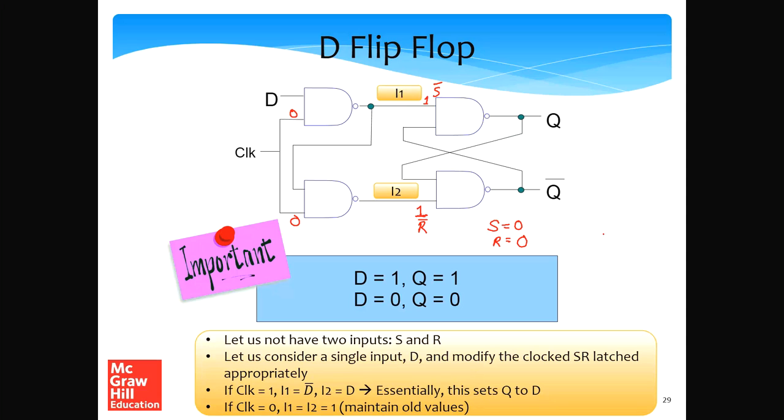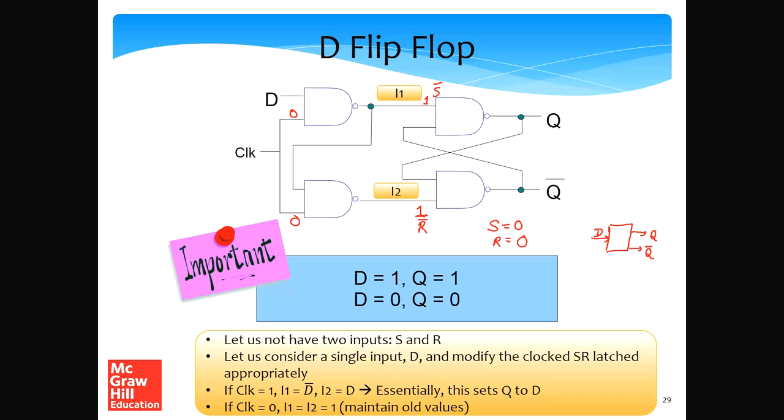So the working of this is exactly similar to the SR latch. It's just that we have this structure over here to ensure that we can manage with a single input. So basically this is storing one bit for us. We have one input D and two outputs, Q and Q complement.